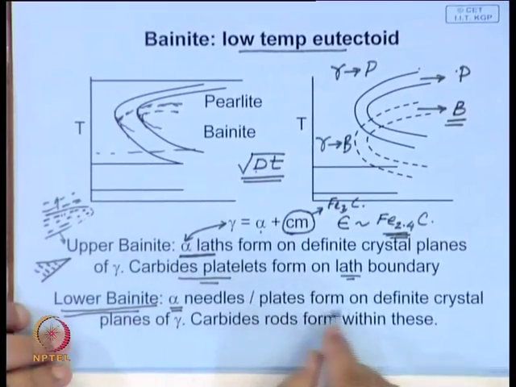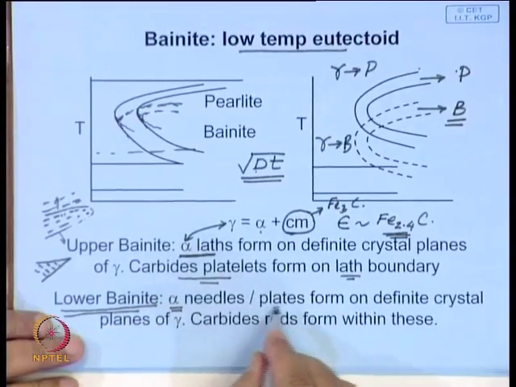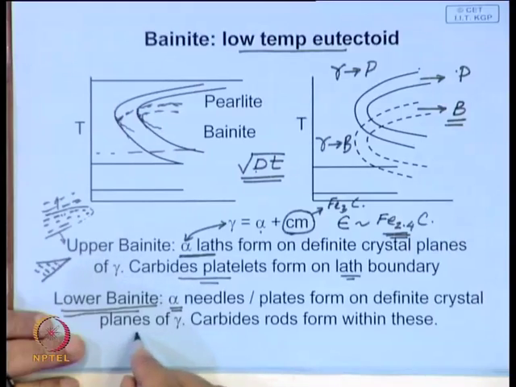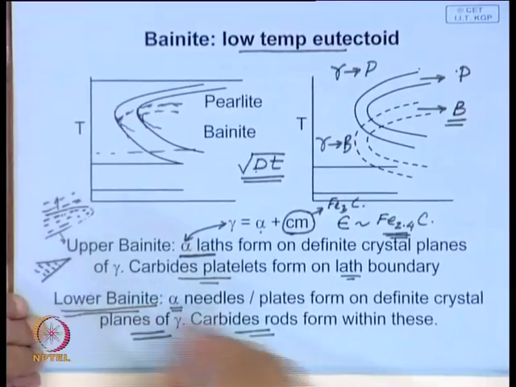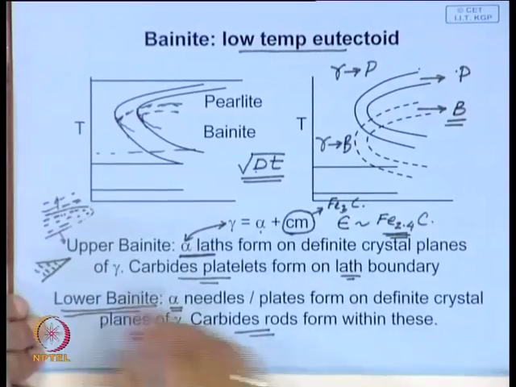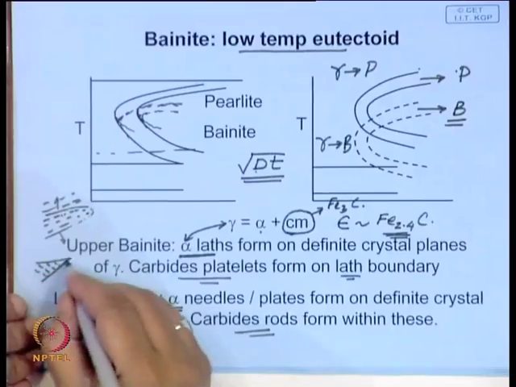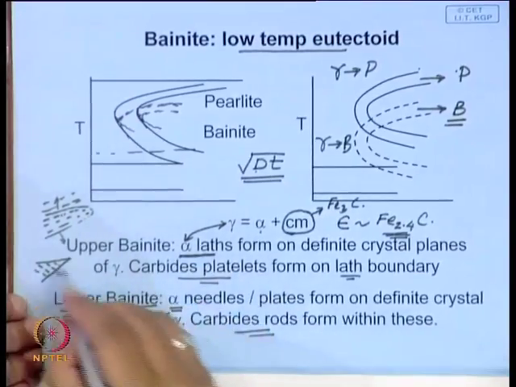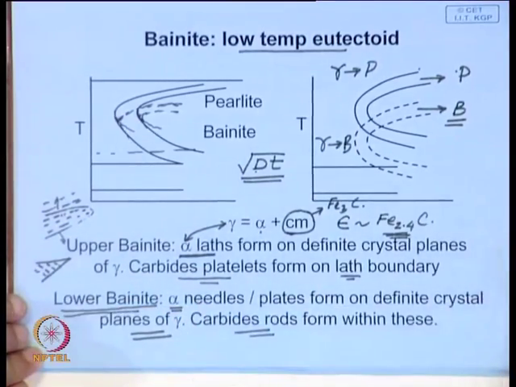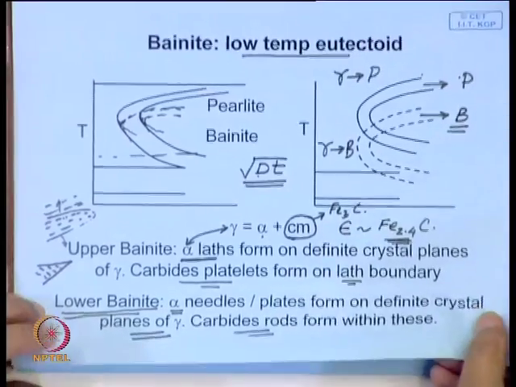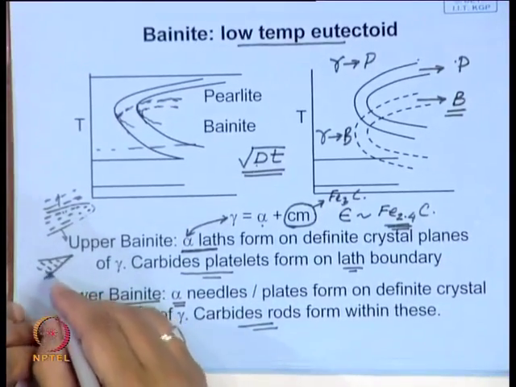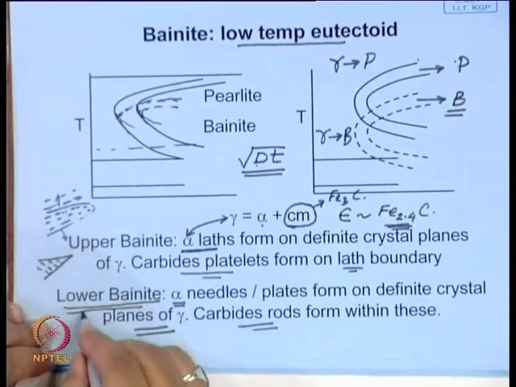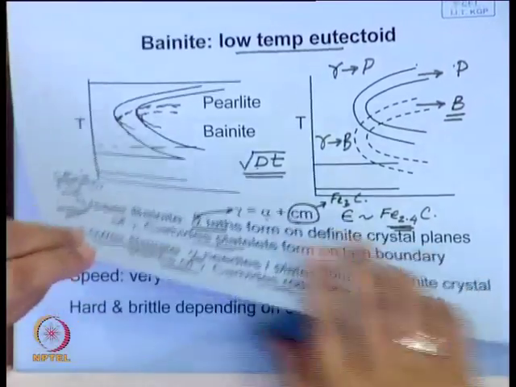But here also there is a different orientation relationship that it follows with austenite, and the carbides are in the form of very small, thin rods within these needles of ferrite that forms. As we go on, we will see that one often gets confused between the structure of lower bainite and martensite.